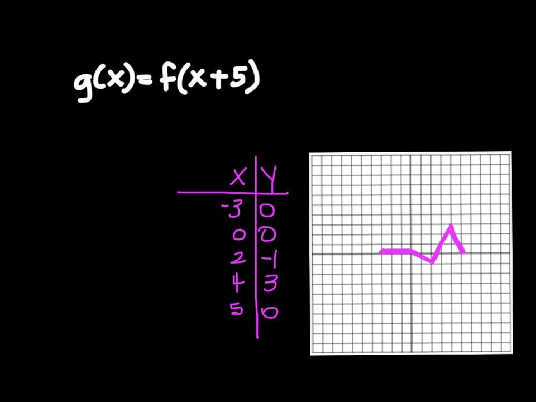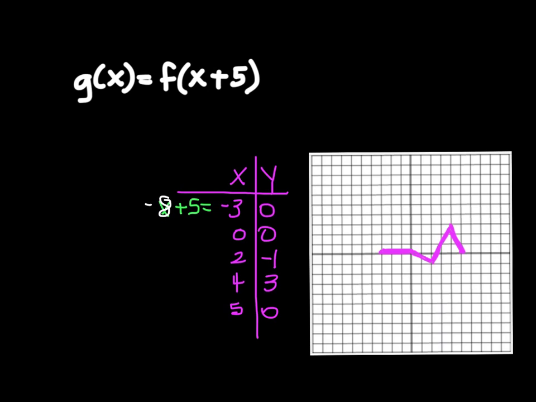So again, with my new function, I'm taking my f and I'm taking the x and adding 5. So I'm not changing my y. So I want this y to be 0. But how do I adjust my function? So I'm looking for an x that when I add 5 will give me negative 3, and that will be negative 8.